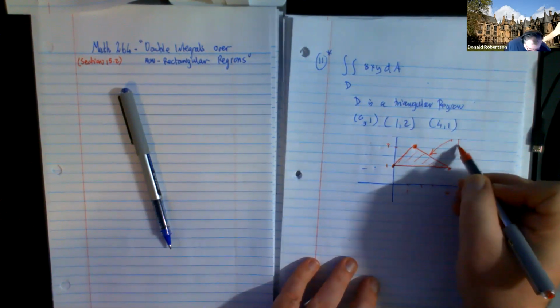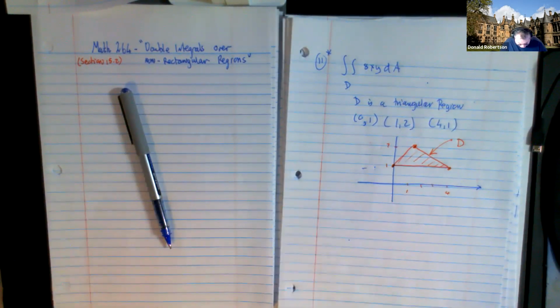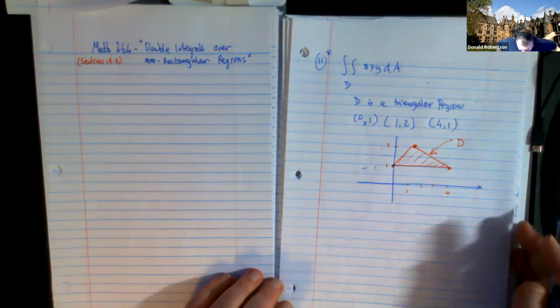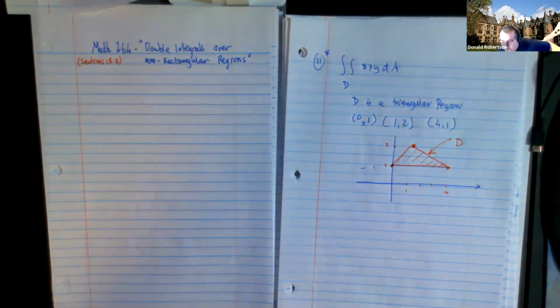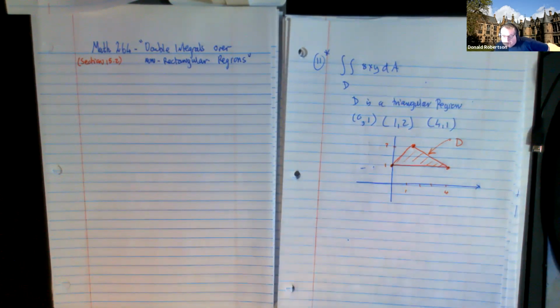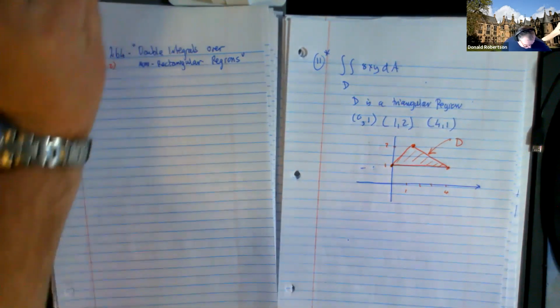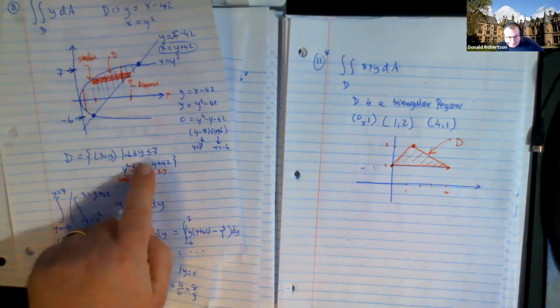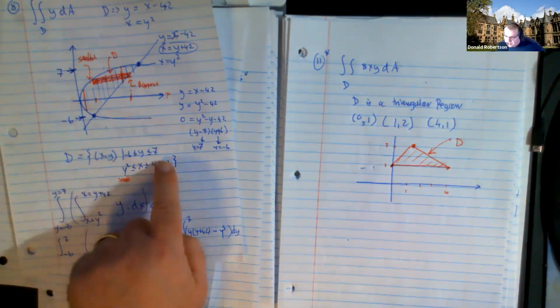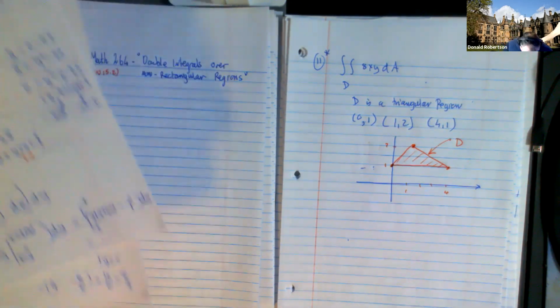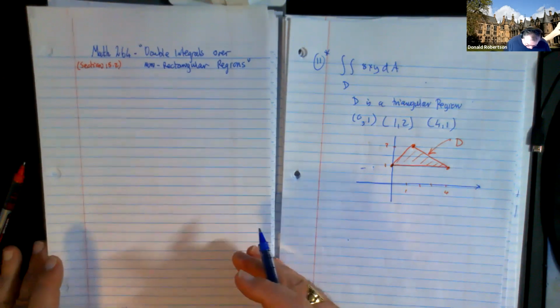Okay, so I've got my region D. I do have some issues. It's quite a big issue. Don't I need to figure out how to write D so that it looks like this? Right? I have to describe this region D in such a way.